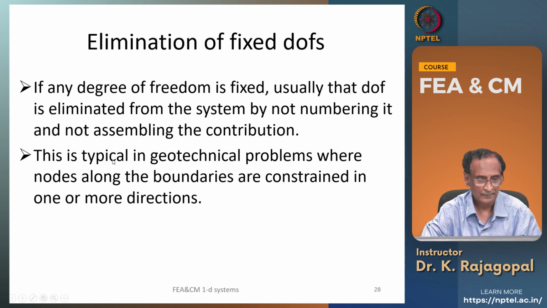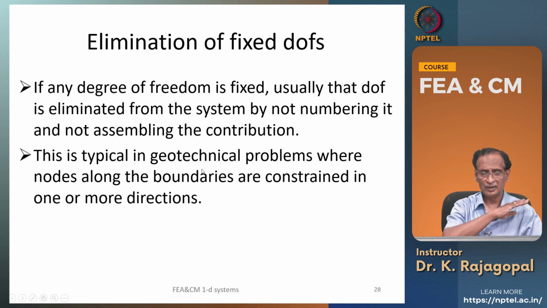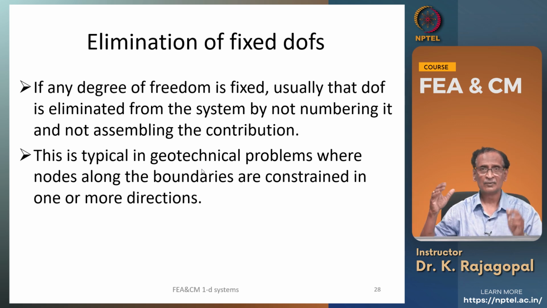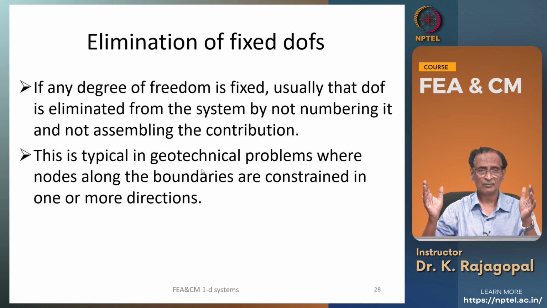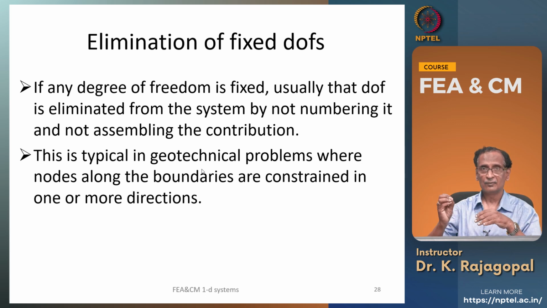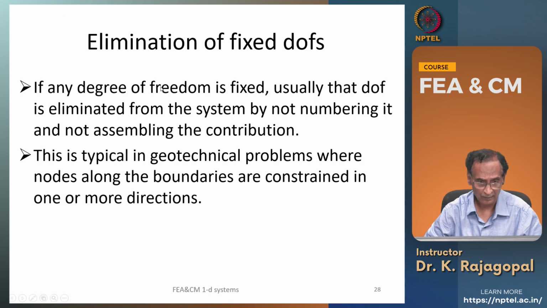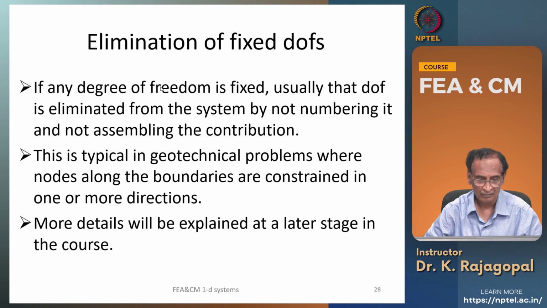And this is typical of geotechnical problems where we have very long boundaries where our displacements are 0, and at the time of numbering the equations itself, we do not number those degrees of freedom, and that is how we can eliminate those fixed degrees of freedom. Okay. That we will see later, not at this stage.